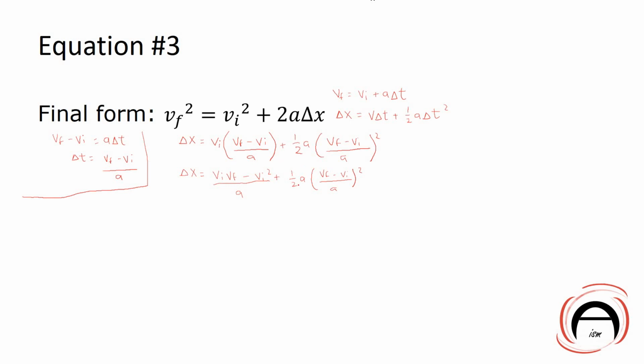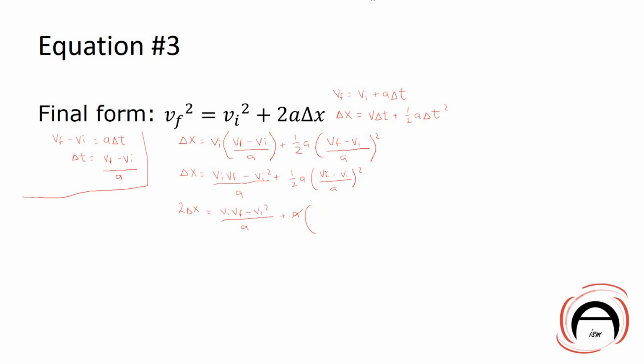So I'm going to multiply both sides by 2. You're going to have 2 times delta x is equal to Vi times Vf minus V initial squared over A plus A times, I'm just going to expand, and find that this is going to be equal to A squared, so this is also going to come out of there.